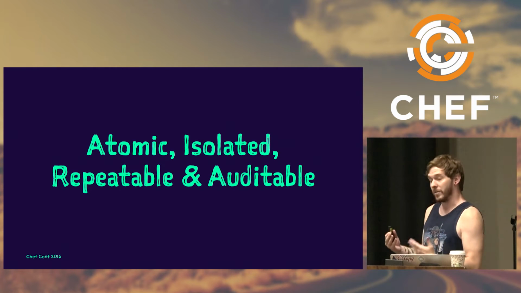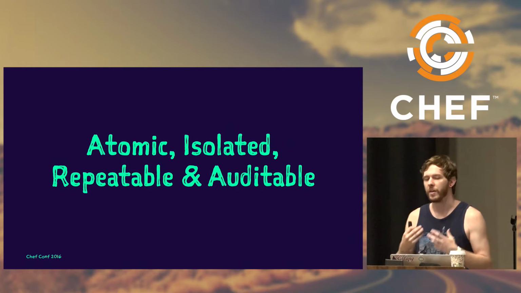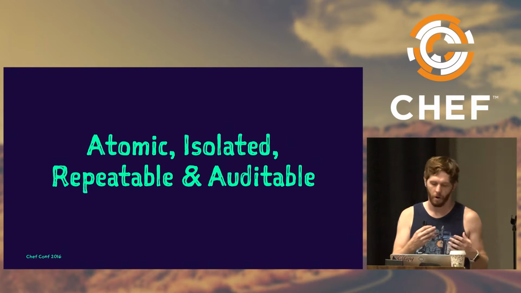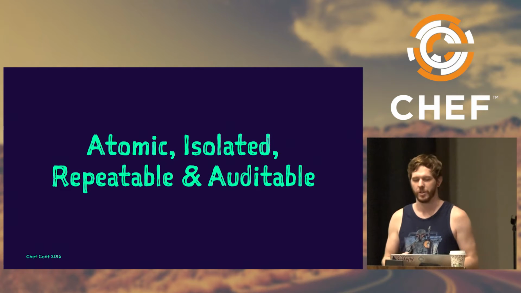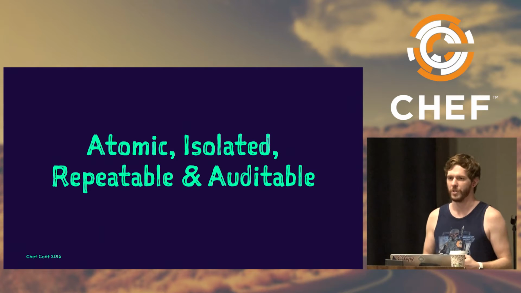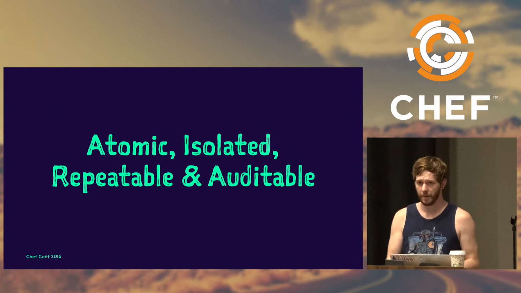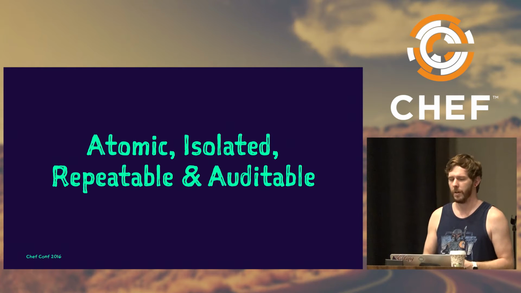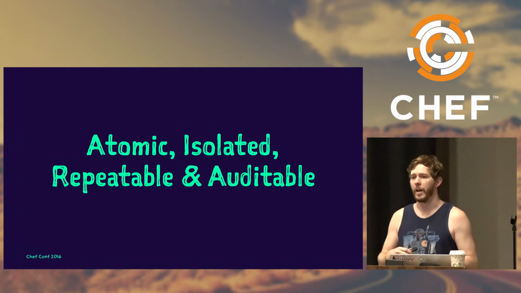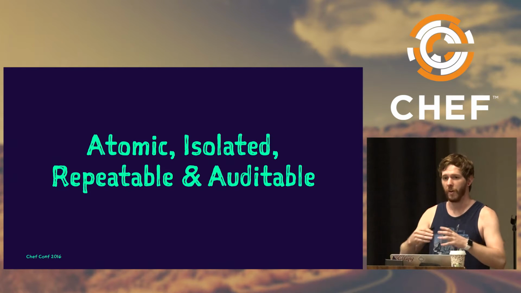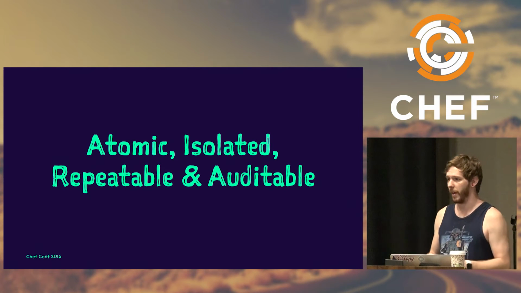Some other things that I think are really important to having your automation living with your application are these 4 other principles. Your application deployment process should be atomic, meaning it's all or nothing. It should be isolated, and you can see that with the emergence of Docker. Docker basically isolates your environment. Your application lives inside Docker and nothing else, right?